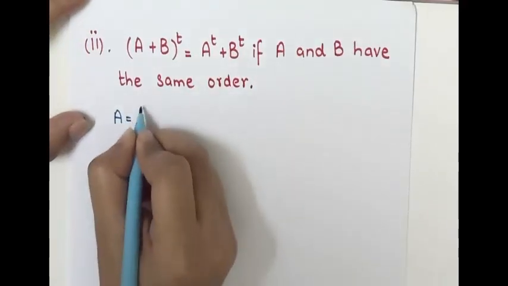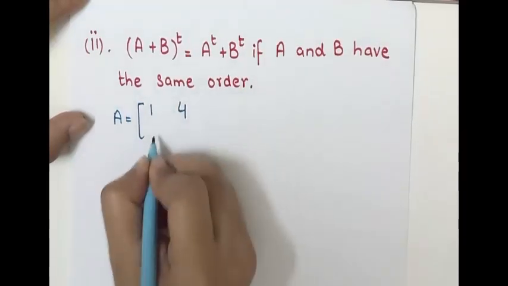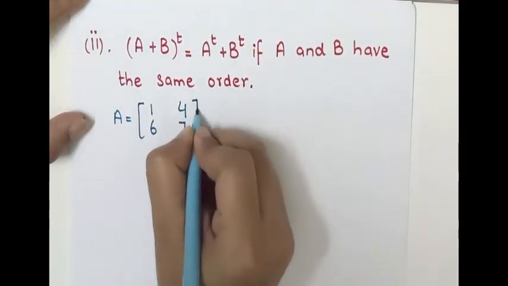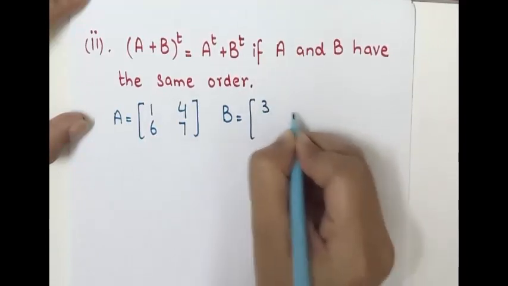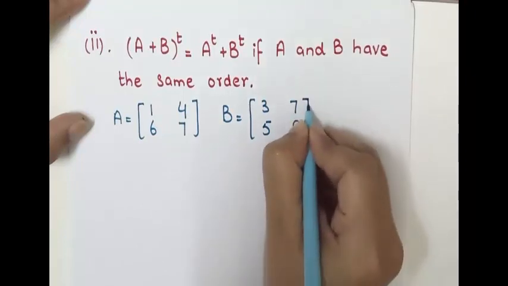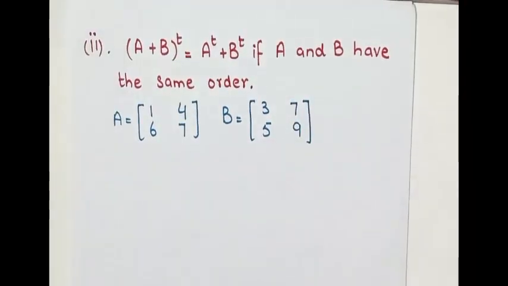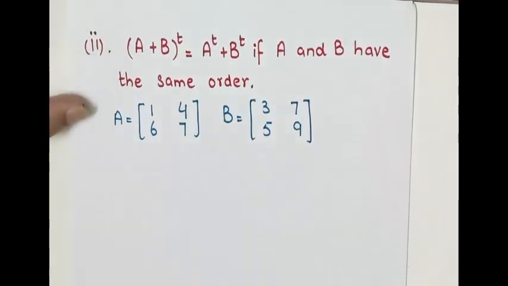We suppose A to be equals to 1, 4, 6, 7, and B, this is equals to 3, 7, 5, 9. Right? So first we will solve the left hand side, A plus B whole transpose.